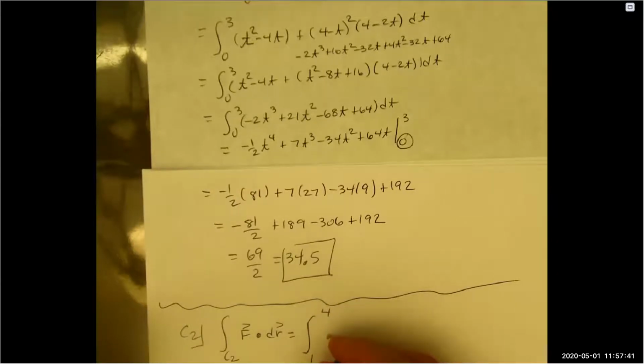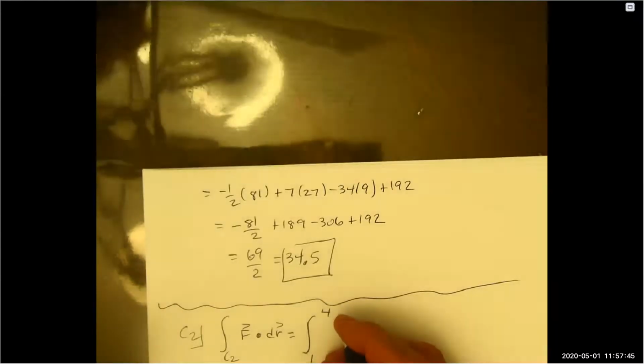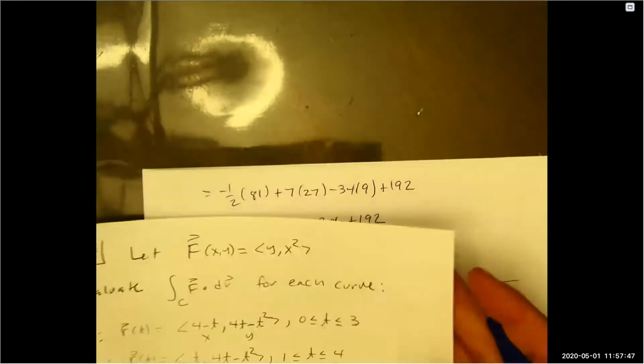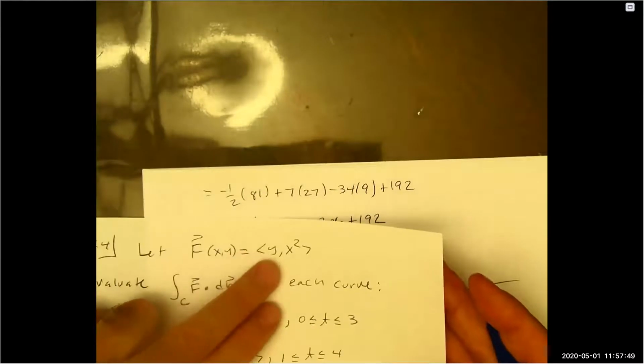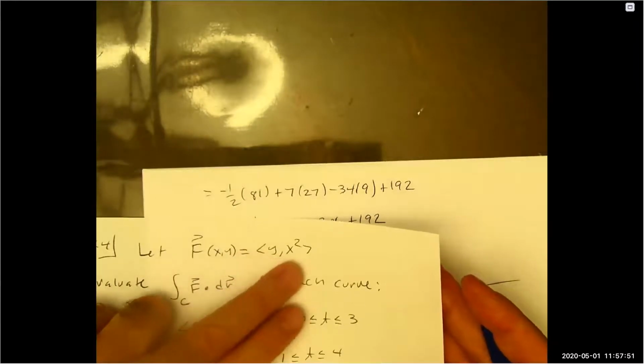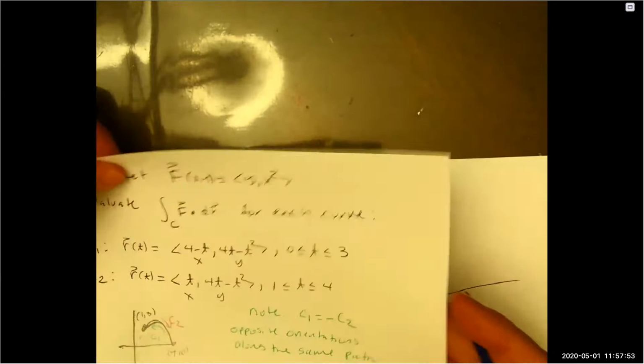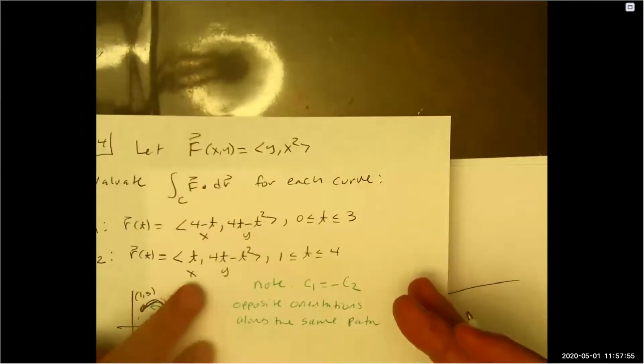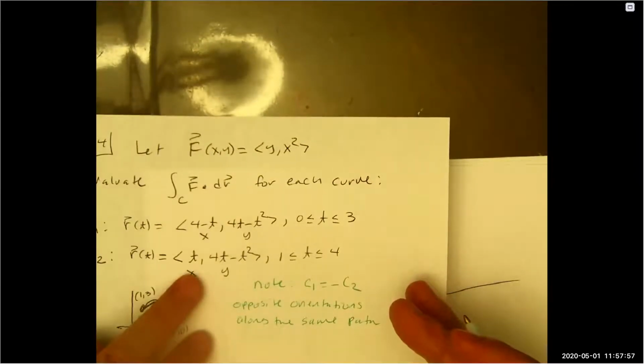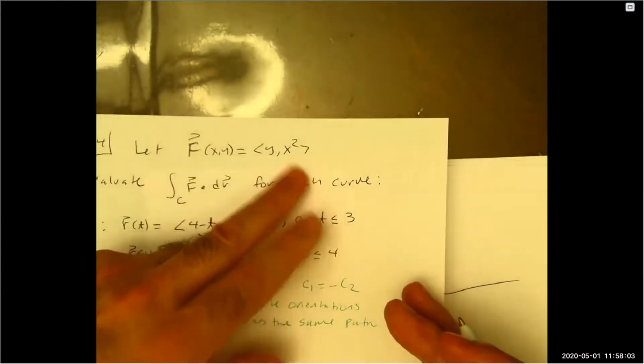In this case, we're using a different curve. So now we have the same vector field, but now we're using the second curve, where y is equal to x squared. So this is the x: 4t minus t squared, and then the second component is going to become t squared.